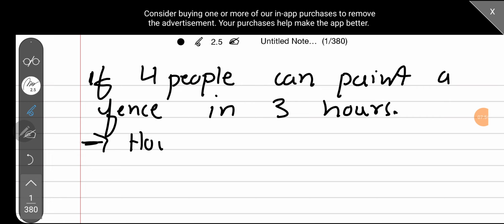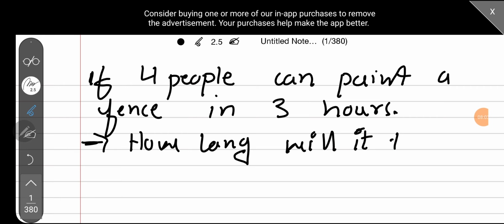How long will it take 6 people to paint it?